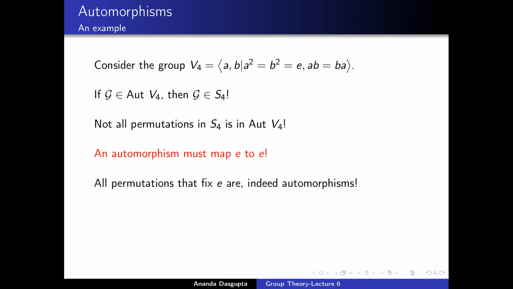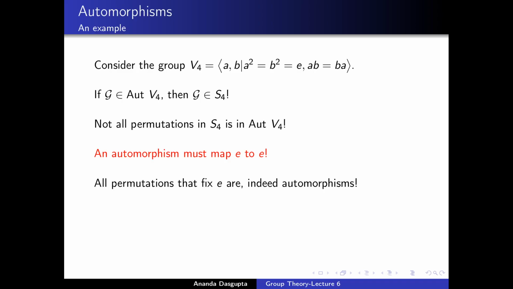Once again, B squared being the identity means curly G of B squared, which is curly G acting on E, has to be the identity, which translates to curly G of B times curly G of B is the identity. But that's not an extra restriction, simply because curly G of B could be any one of A, B and C, and all of them square to the identity.